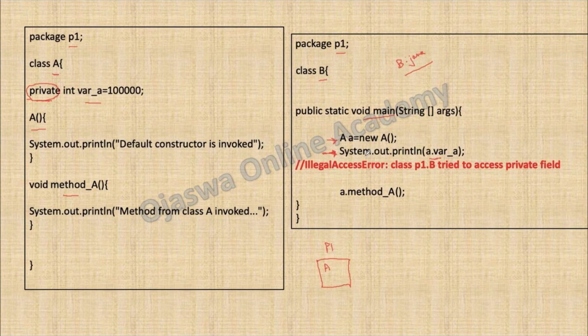Hence, class B cannot access the private instance variable belonging to class A. And the compiler throws an error saying class p1.B, that is this class, tried to access a private field. So it is saying you cannot access private fields or private variables belonging to other classes. So over here you get an error and the source file does not compile.